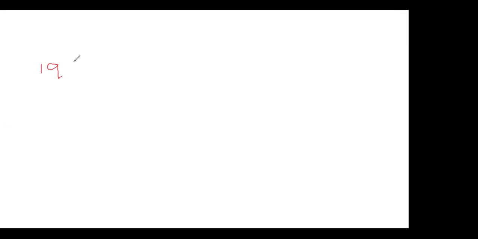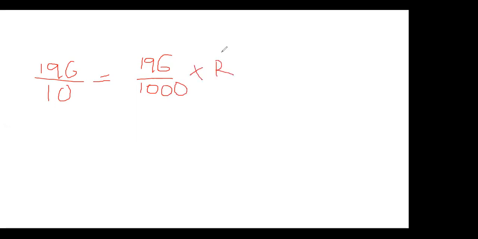No problem. The continuation of the calculation I'm writing here: 196 by 10 is equal to 196 by 1000 into R square. 196 cancels, the 0 cancels.